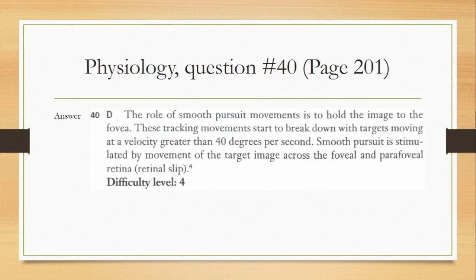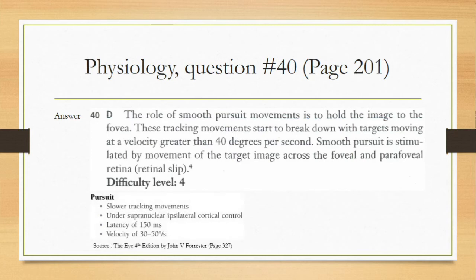And if you read page 327 in the book called DI, 4th edition by John V. Forrester, you would notice that the smooth pursuit movement latency is actually 150 milliseconds.